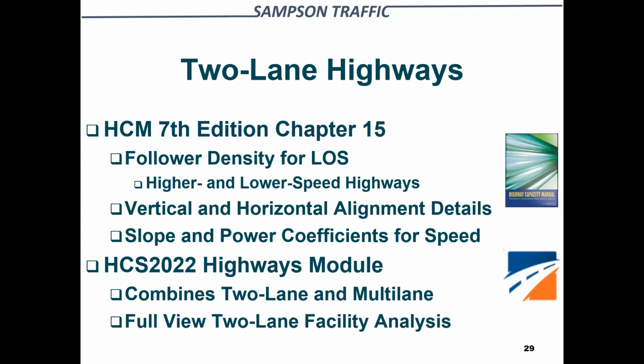And lots of details on vertical and horizontal alignment, because in a two-lane highway, you can see how that would affect traffic and the flow of traffic in different ways. This procedure generates the slope and power coefficients for speed, and ultimately makes its way into followers, number of followers and follower density.